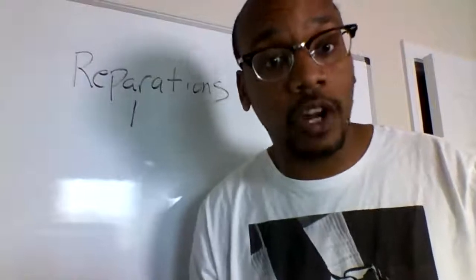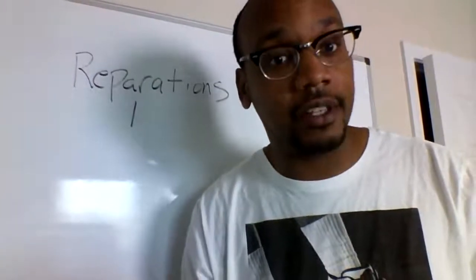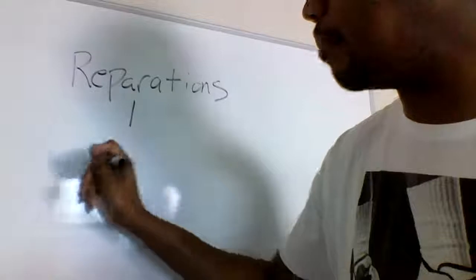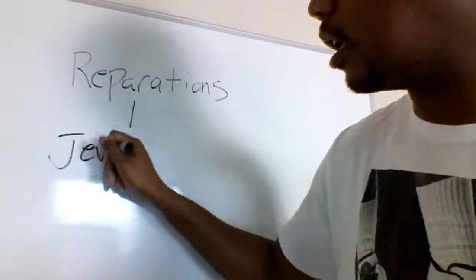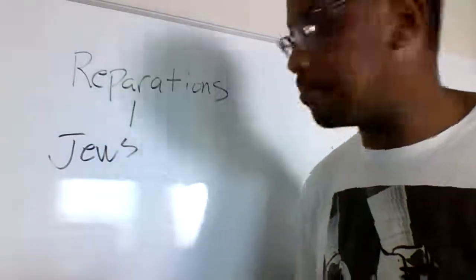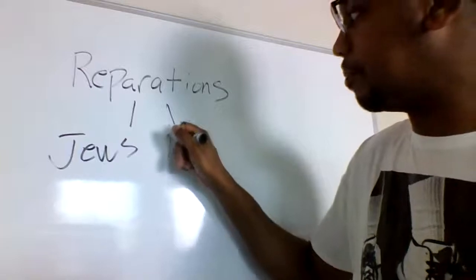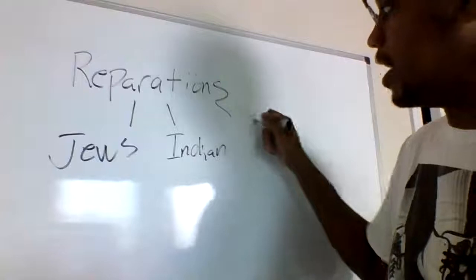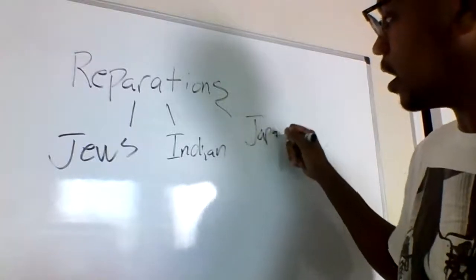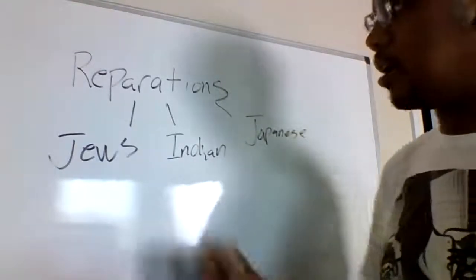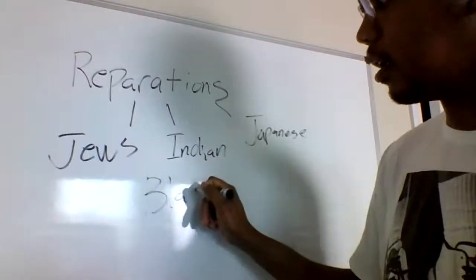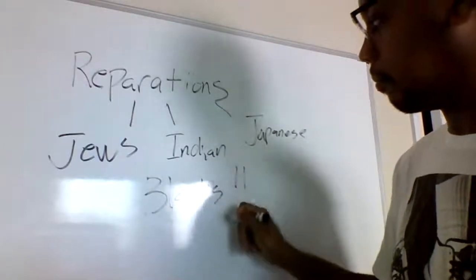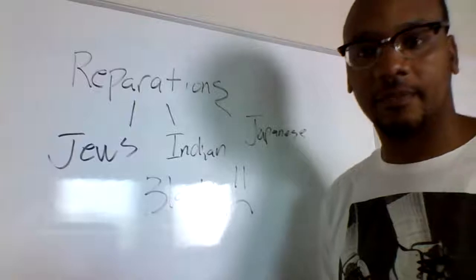Other people who were enslaved got paid already. Jewish people got paid. The Indian people got paid. The Japanese people got paid. But nothing for Black people. Right?